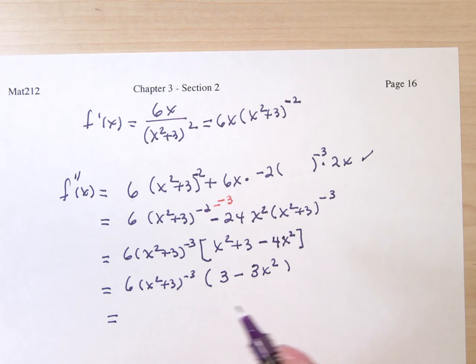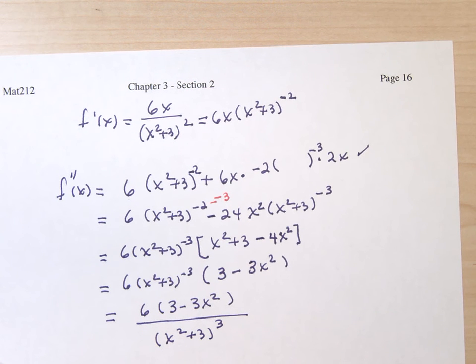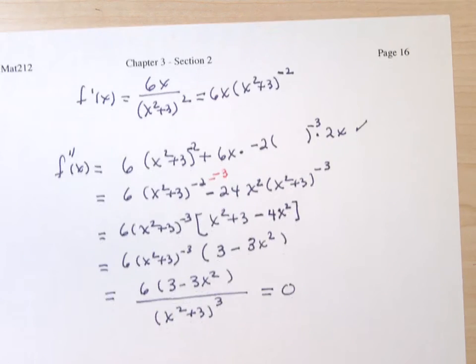And so what I have is 6 times (3 minus 3x squared) over (x squared plus 3) cubed. And so we're going to set that equal to 0.